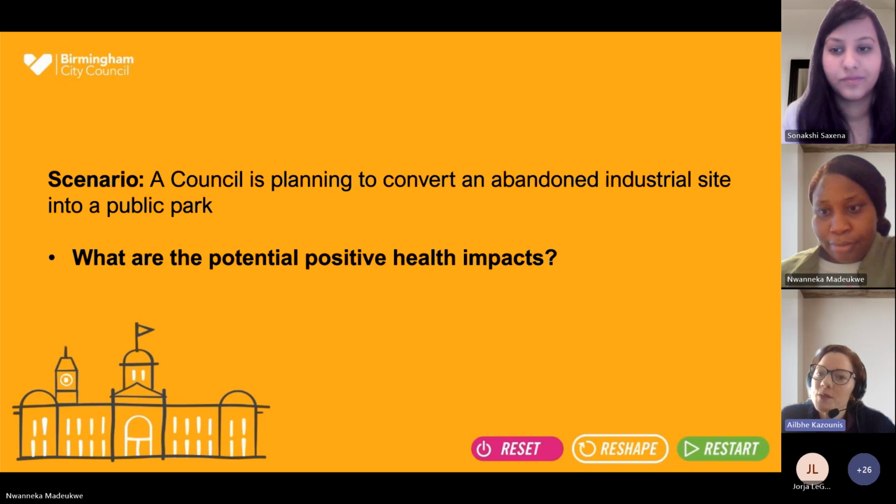Reduction in risk of exposure to contaminated land, definitely if done properly. Better connectivity between green spaces, absolutely. Improved physical activity for all, clean air, reduced risk of pests, pollutants, yeah. Better air quality.